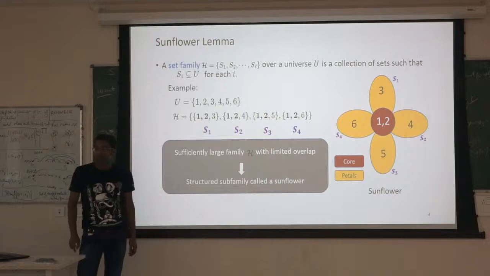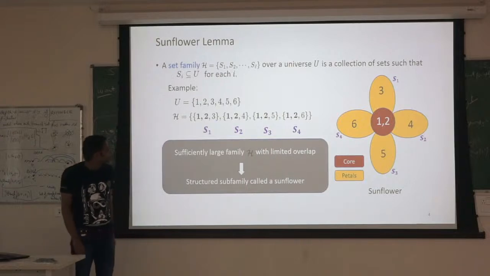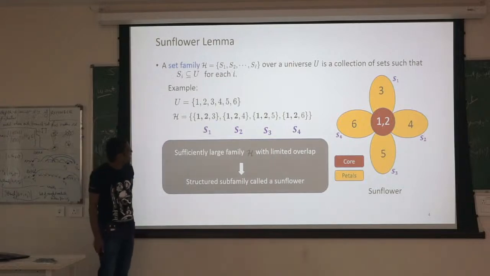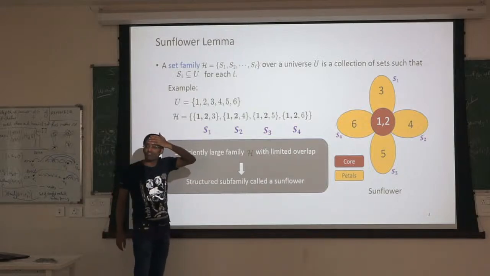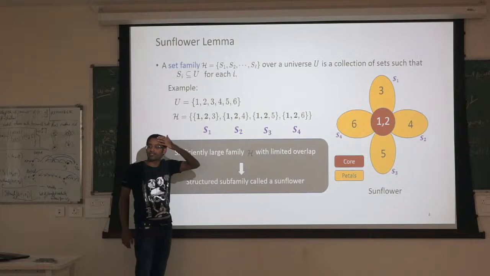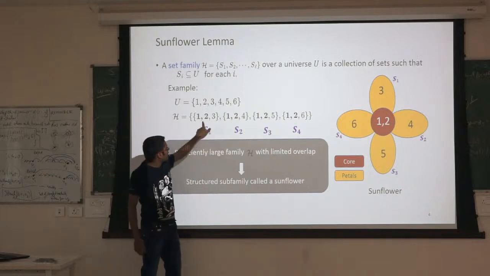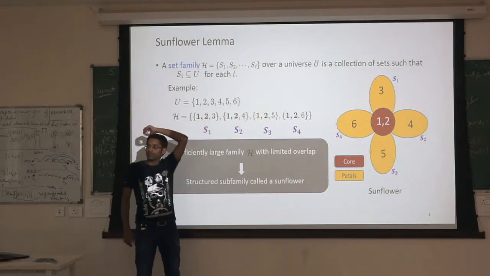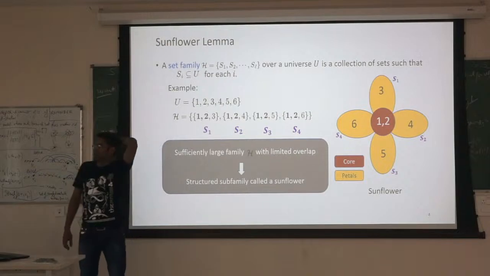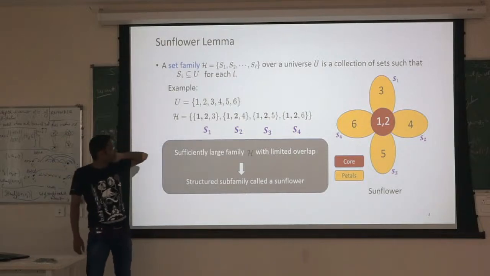Like a bramble? Not quite. A bramble is something different. There you don't expect that; the overlap can be arbitrary. So two sets can share 1, and two sets can share 2 in a bramble. This is a bramble with cover 1, but every bramble is not a sunflower. This is a bramble with cover 2, no?